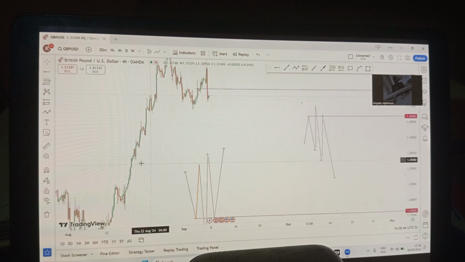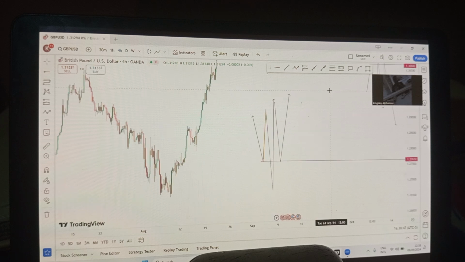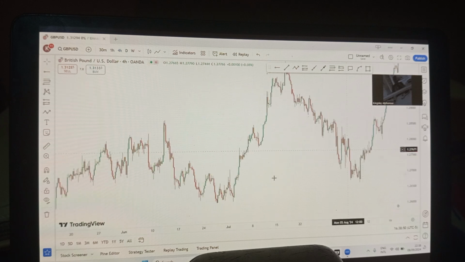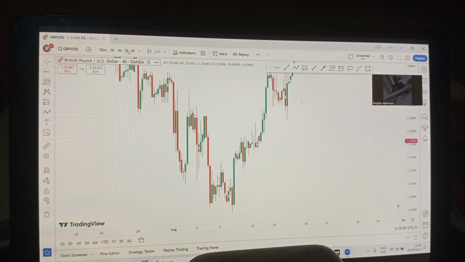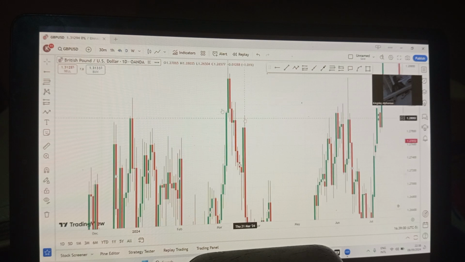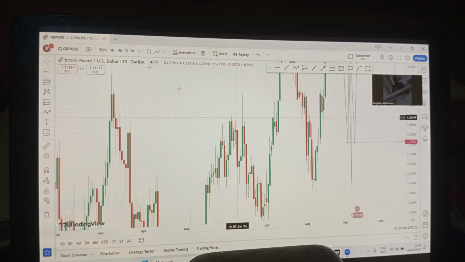So let's look more into this. I hope you guys understand this A shape and V shape key level. What we will be using for analysis is the daily time frame, 4 hour and 1 hour, and sometimes you can go down to the 30 minutes time frame to look for a key level, because key levels on a higher time frame are very strong, unlike the ones on lower time frames like the 15-minute and 5-minute.